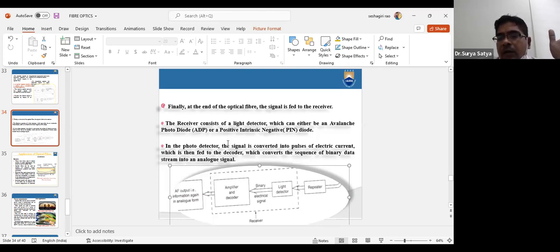So the digital data is sent through an optical fiber to the receiving station. That is the important application, which is why optical fibers are used to transmit data from one point to another.